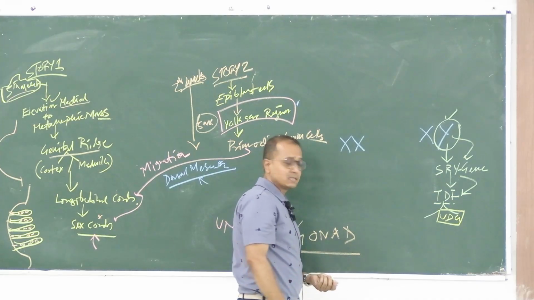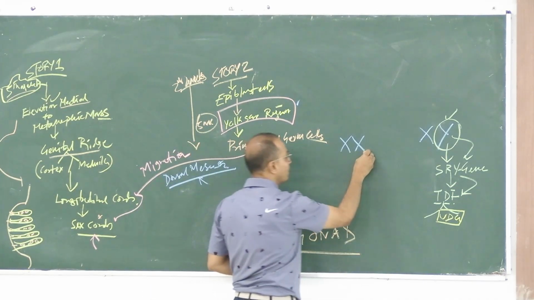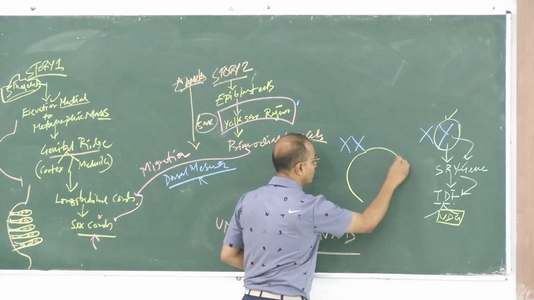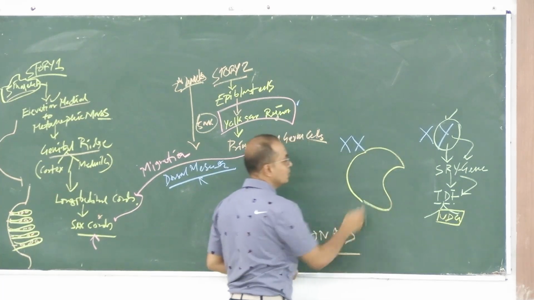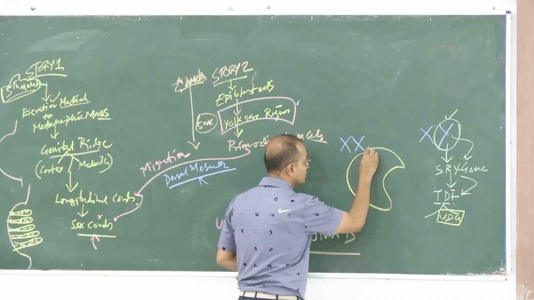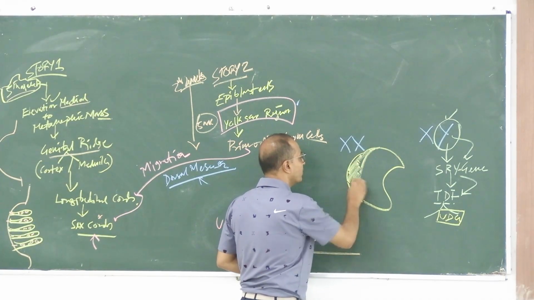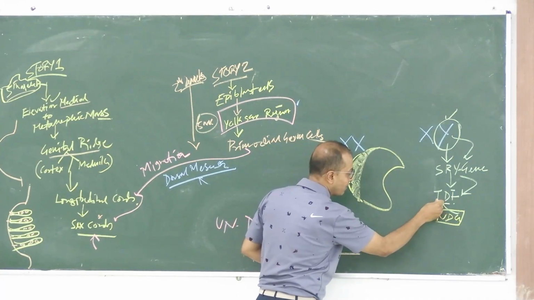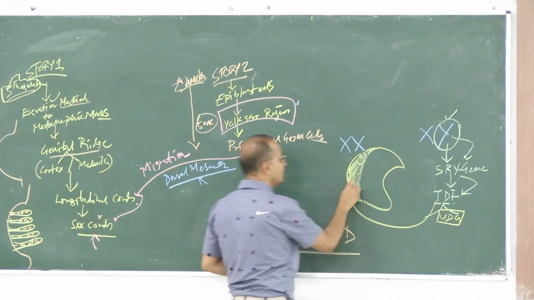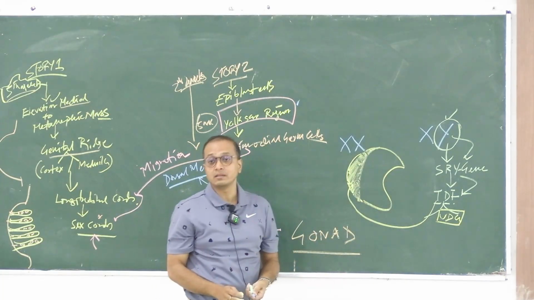This undifferentiated gonad has two components: the cortex and the medulla. The cortex part of this undifferentiated gonad, if we have testis-determining factor there, is destroyed, and the medulla part remains.